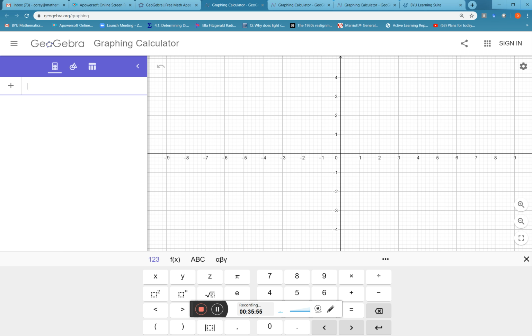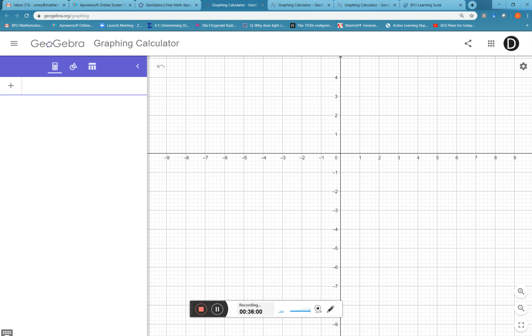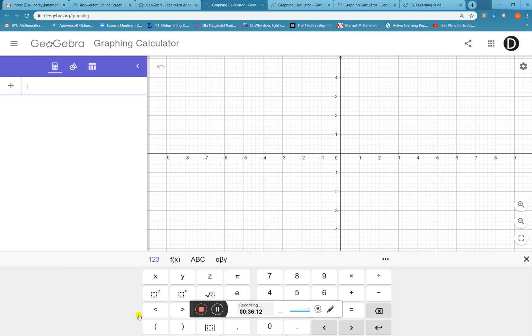Okay, so up here on the left, you have a calculator icon, you have a geometry icon, and you have a spreadsheet icon. So this is a lot like Desmos. When you're on the calculator icon, you can just type in like sine of x, and it will graph it if you type it in right.